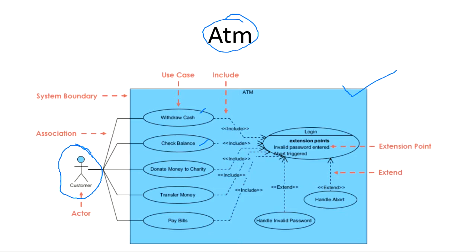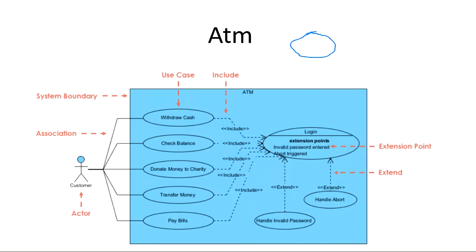Uses, you write it like this. Suppose this is my base class, which is using some other classes. For example, take any example. Suppose I read. Reading is a use case. For reading, suppose I use a book.